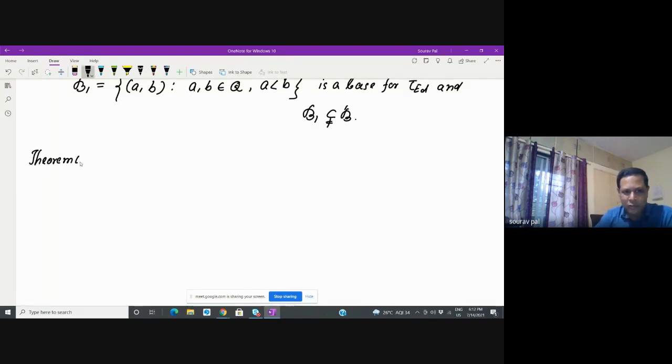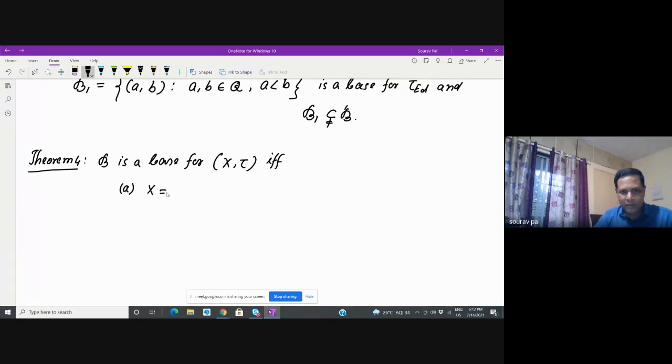I guess this is theorem 4, if I'm not mistaken. A collection B is a base for a topology, a base for a topological space, they are the same thing, if and only if two things happen.